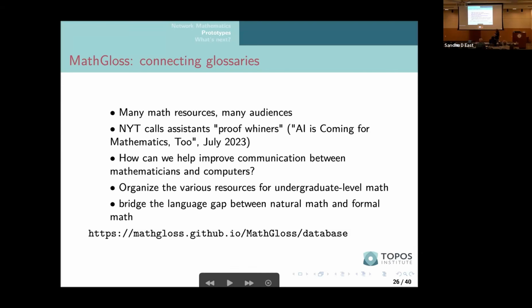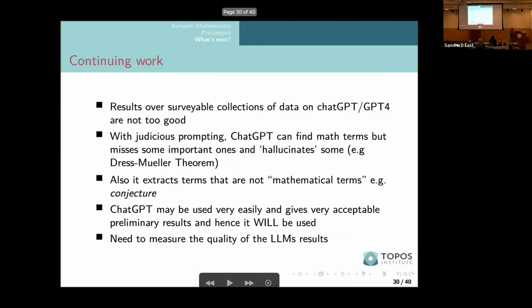And we want to try to improve communication between the mathematicians and the computers. And so how can we do that? One thing that's fairly obvious that we can do is organize things as a big glossary. And that's what MathGloss is, a big mathematical glossary.